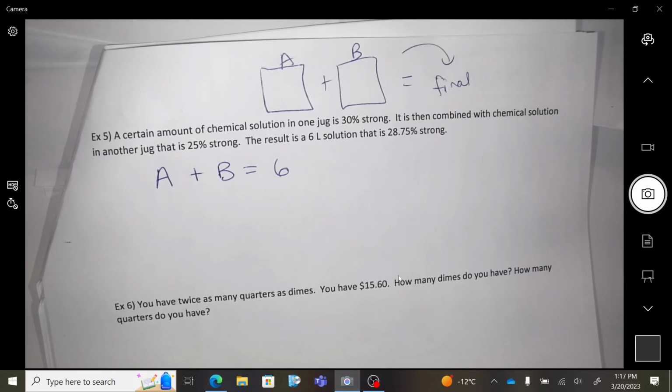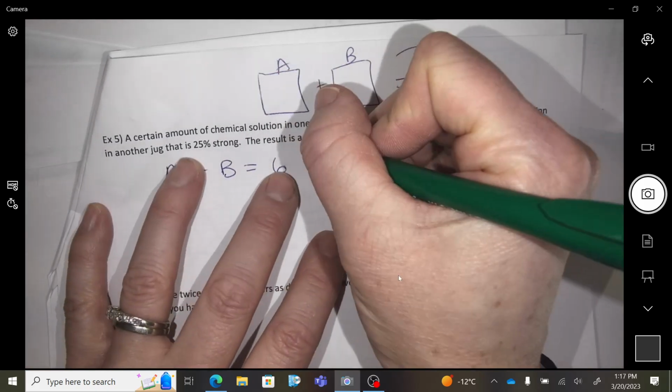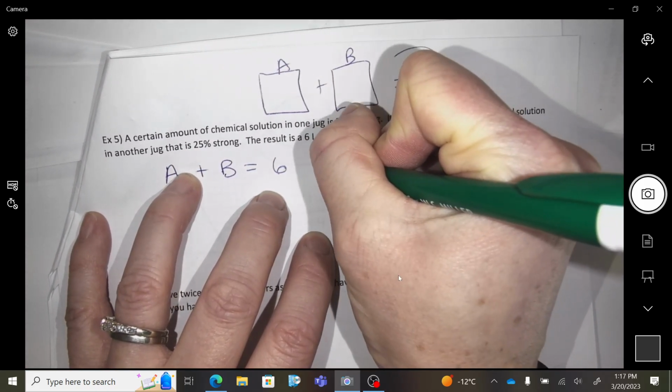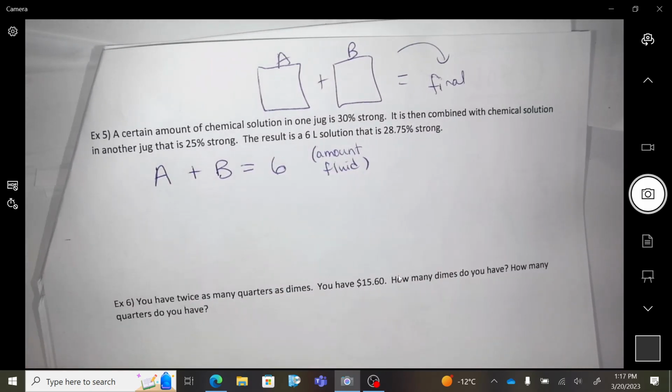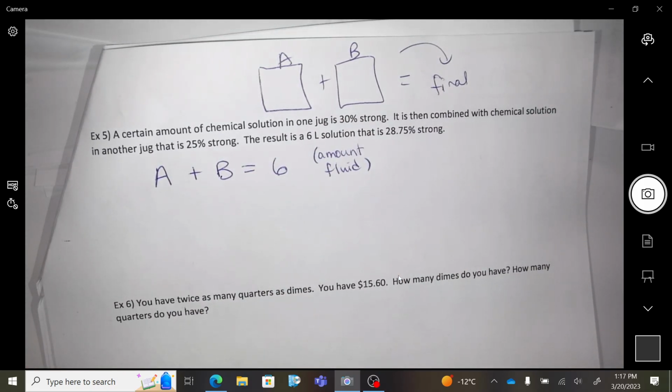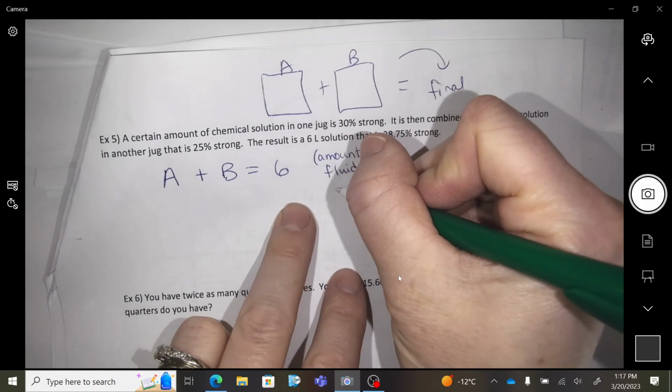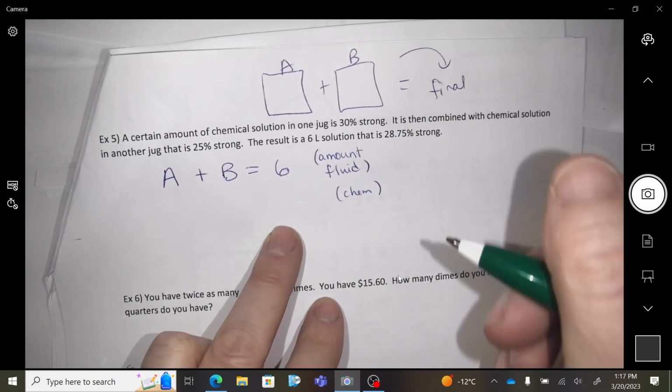Does that make sense? What was I doing there? The amount of fluid. There was something in A and something in B, and when I put it together, it resulted in 6 liters, right?